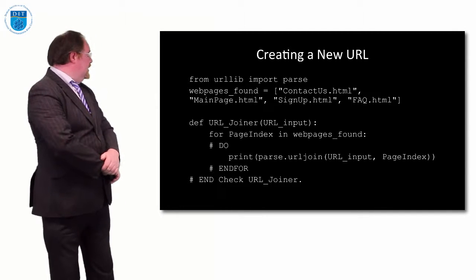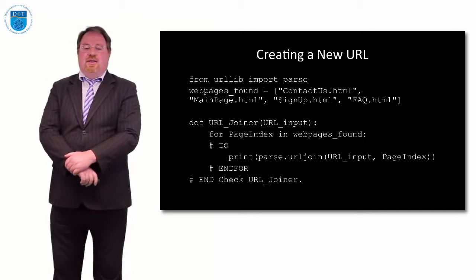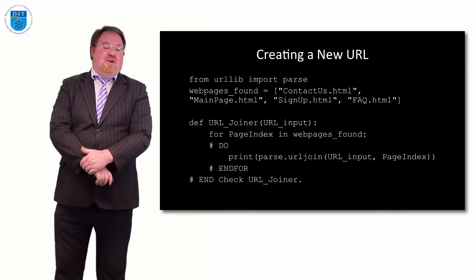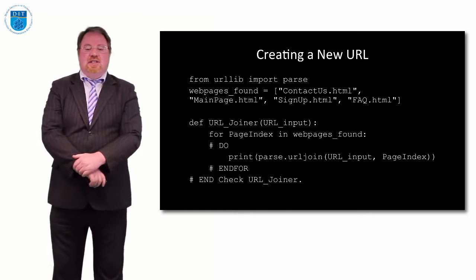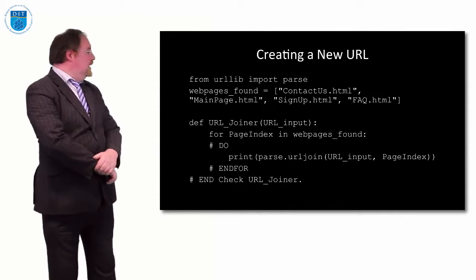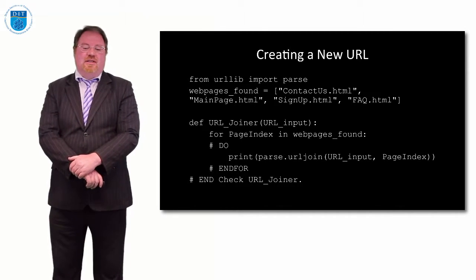And our code might look like this. Here's an example bit of code for you. If I said from urllib import parse, and then I'm creating an array of web addresses as it happens. The array is called web pages found, and we've got 4 elements in it. The 0th element is contact us, the first is main page, the second is sign up, and the third is faq.html.